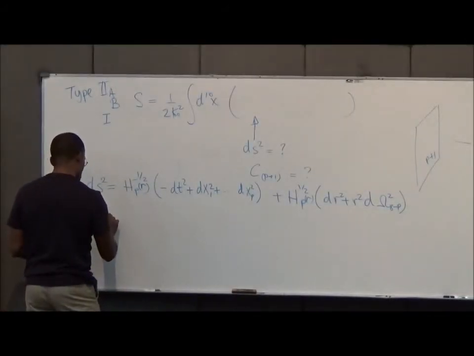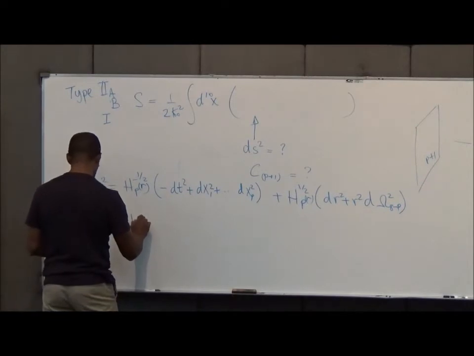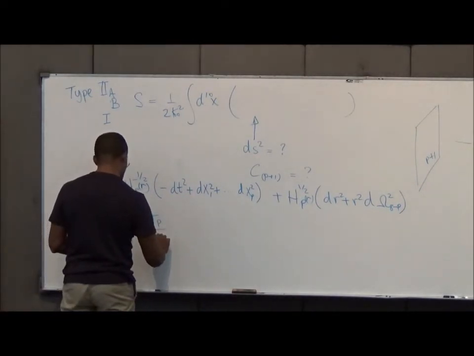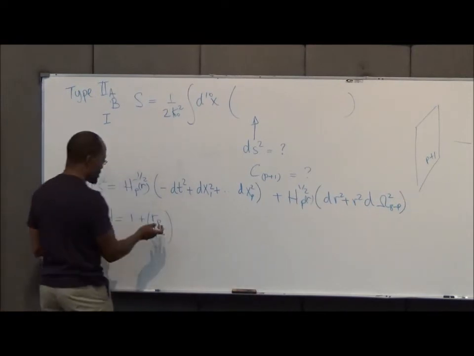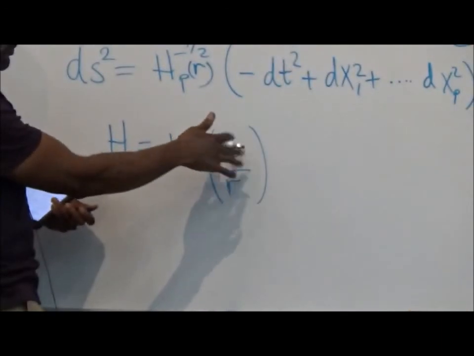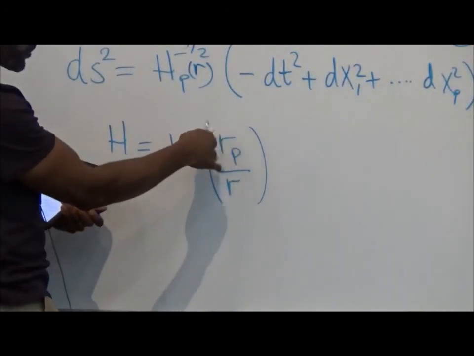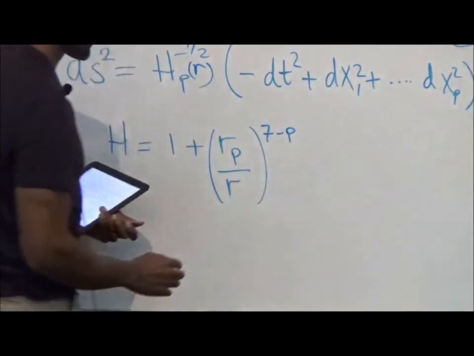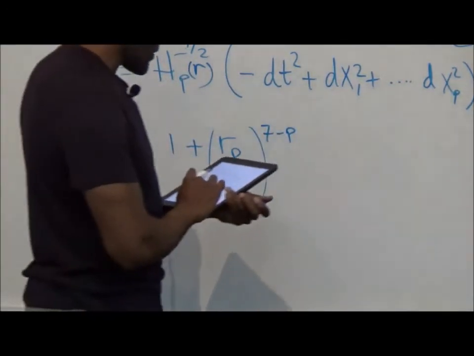So h turns out to be something very simple. It's 1 plus something I'll just call r_p over r, to the power 7 minus p. This would be the analog of the mass if this were Schwarzschild, something that's a little bit like the mass. Okay, and then there's a bunch of numbers.